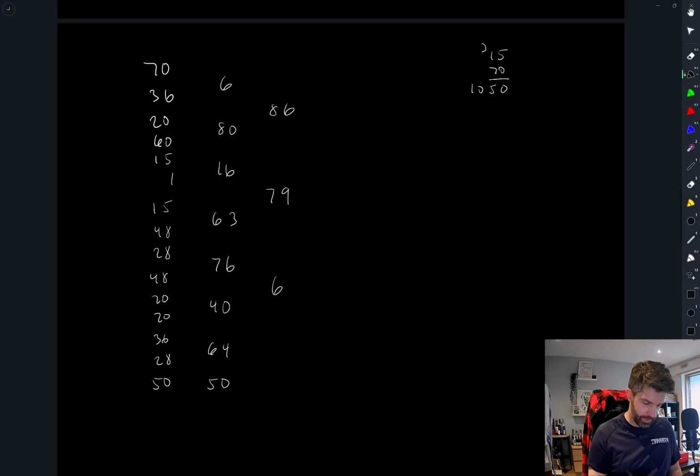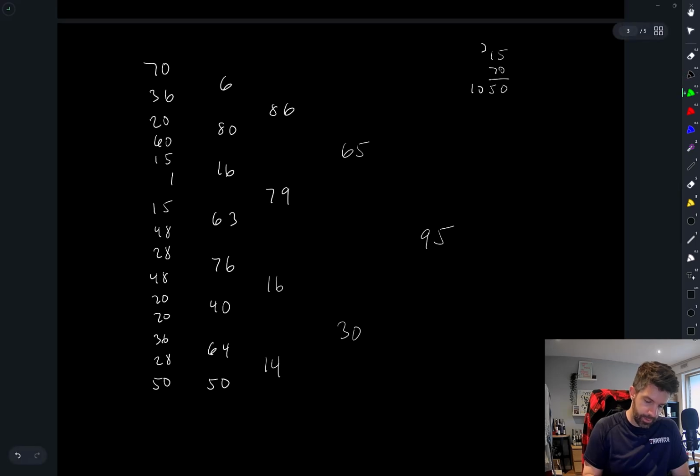And wait, hold on. It goes over 100, but we've got to be careful. 16. And 14. 86 plus 79. 16. Okay, well, hold on. 6 and 9 is 15. 8 plus 7, 15 is 16, so 65. This is 30. So I get 95.